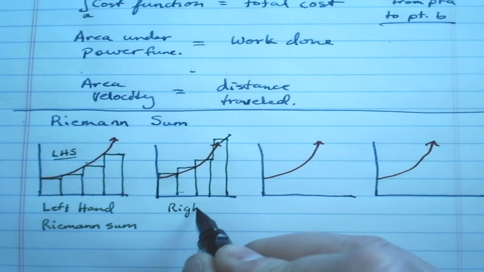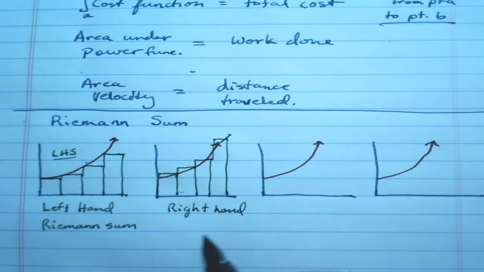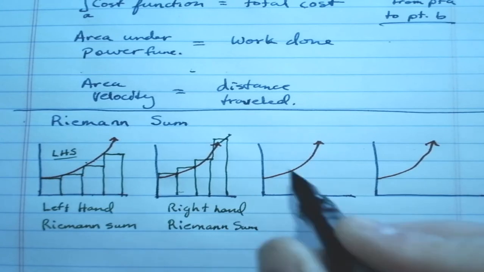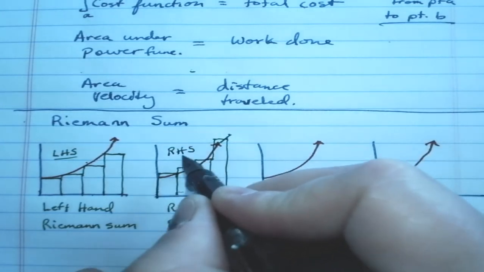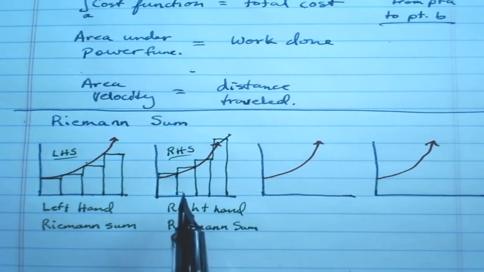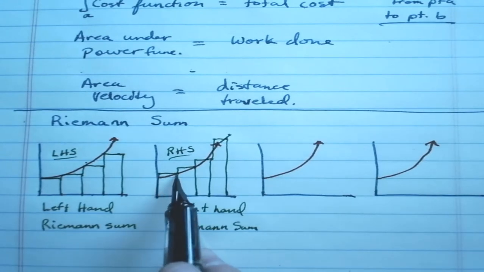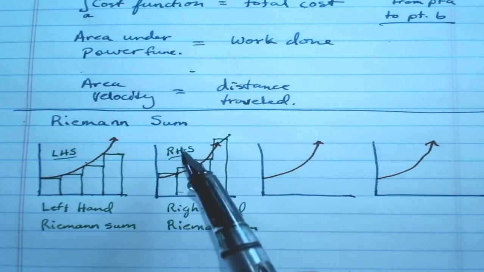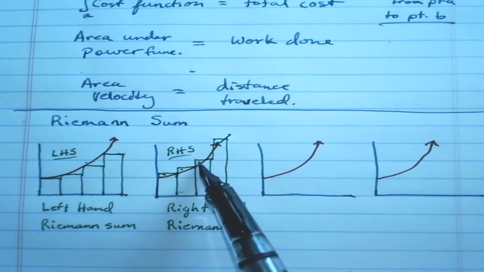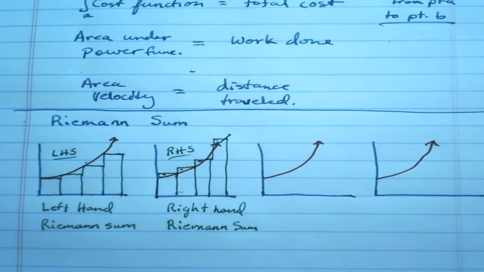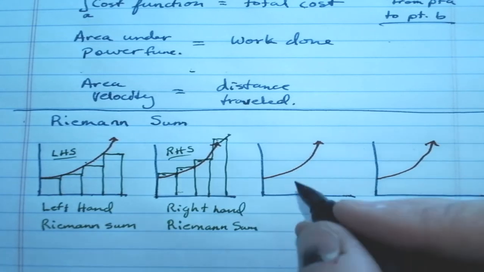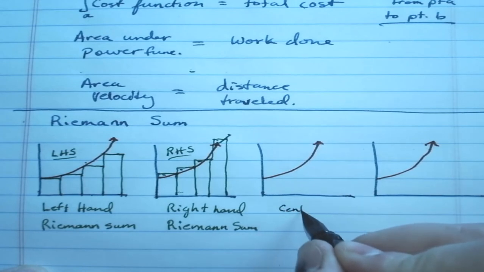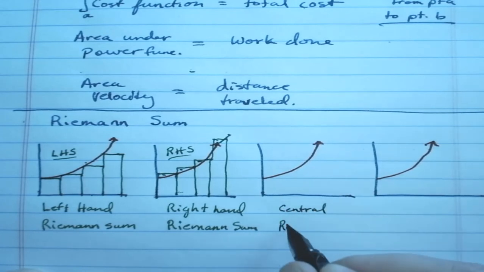And this is a right hand Riemann sum, and we abbreviate it RHS, a right-handed sum, because the right side of the bar touches the curve. Now, for an increasing function, a left-hand sum will be an underestimate. For an increasing function, a right-handed sum will be an overestimate because you've got these extra pieces here, okay? And then we've got what they call a central Riemann sum.